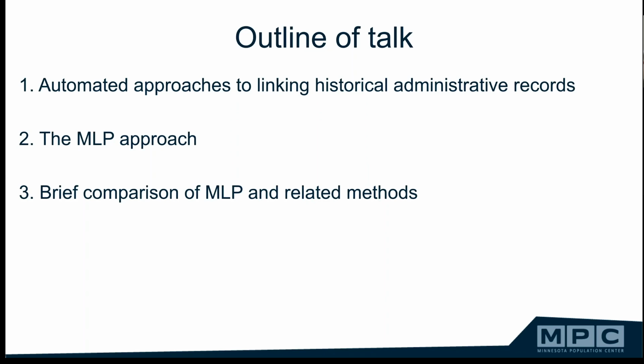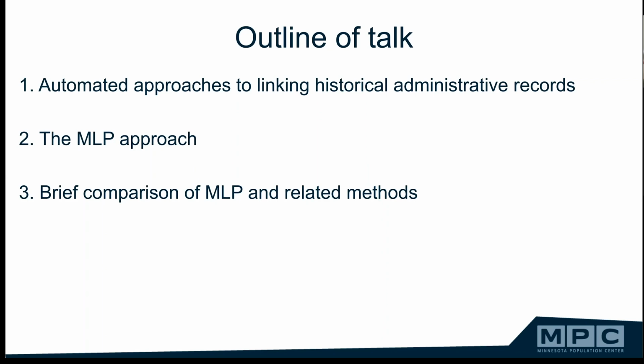I will spend the majority of the time talking about the MLP approach, trying to illustrate to the best extent that I can some of the key rationale that's been going into what we're doing.